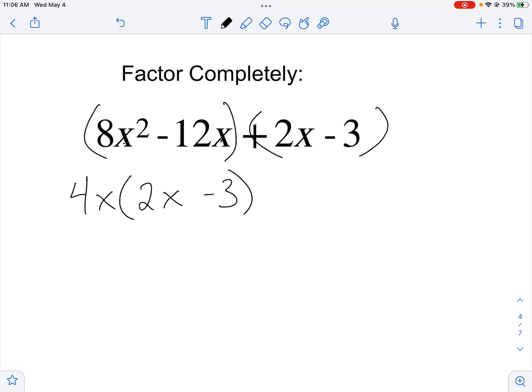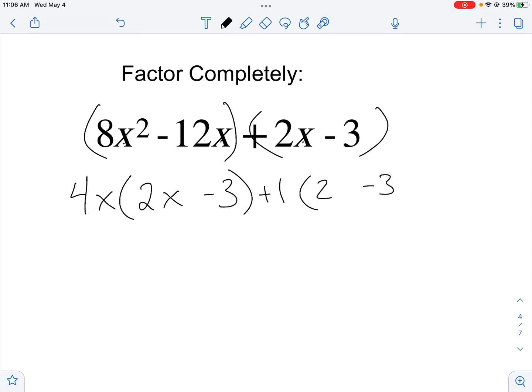But there's a problem. There is no number that divides 2 and 3. Oh, wait. 1. 2 divided by 1 is 2. 3 divided by 1 is 3.